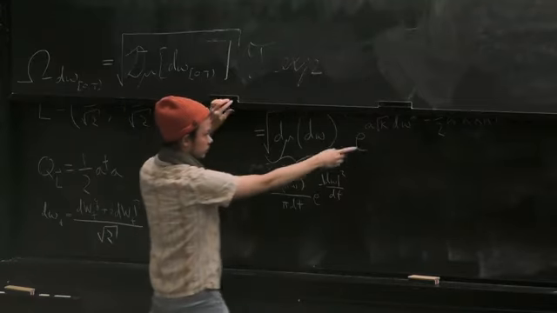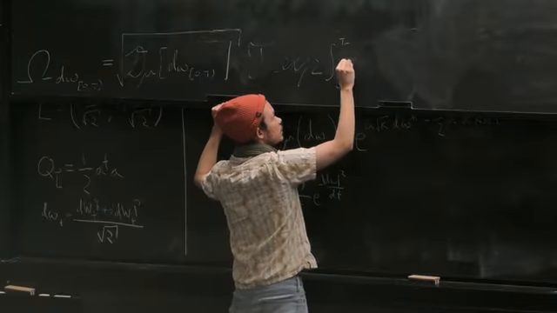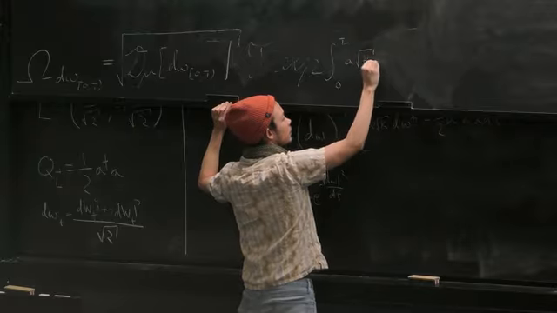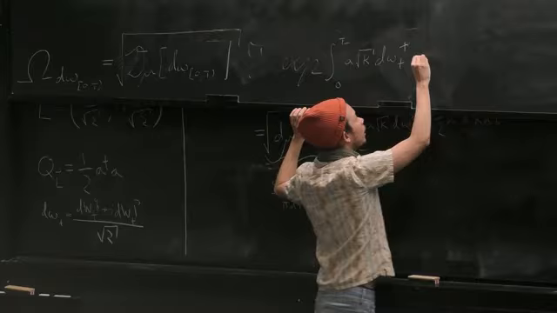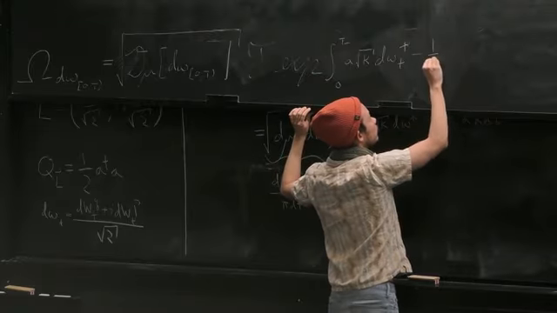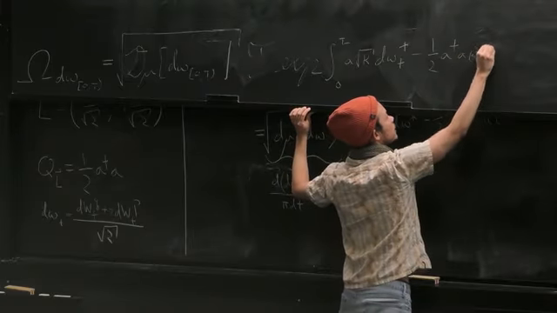This guy: 0 to t, minus a root kappa d omega t star, minus half a dagger a kappa dt.